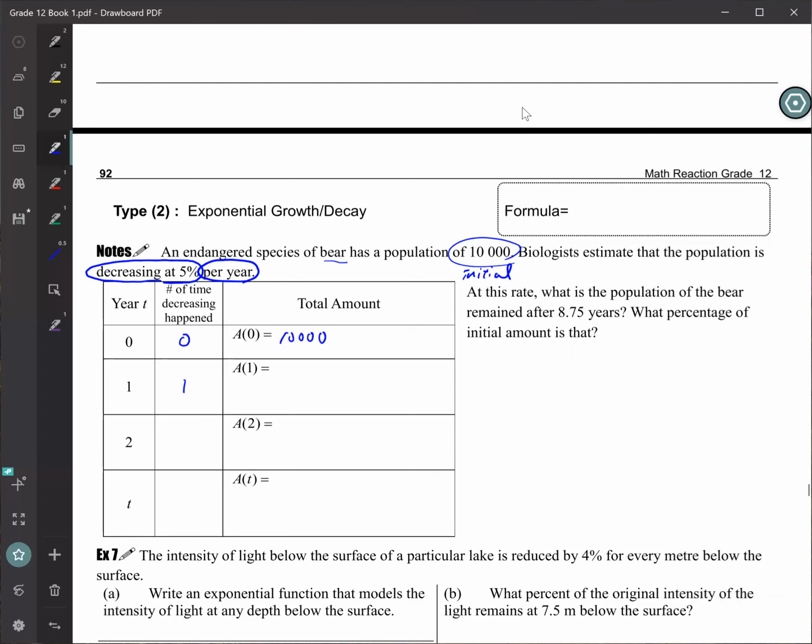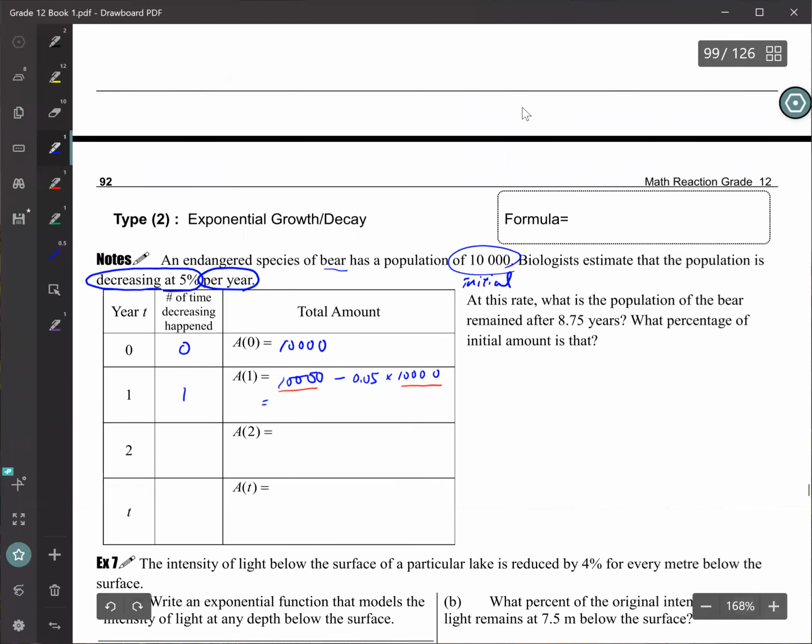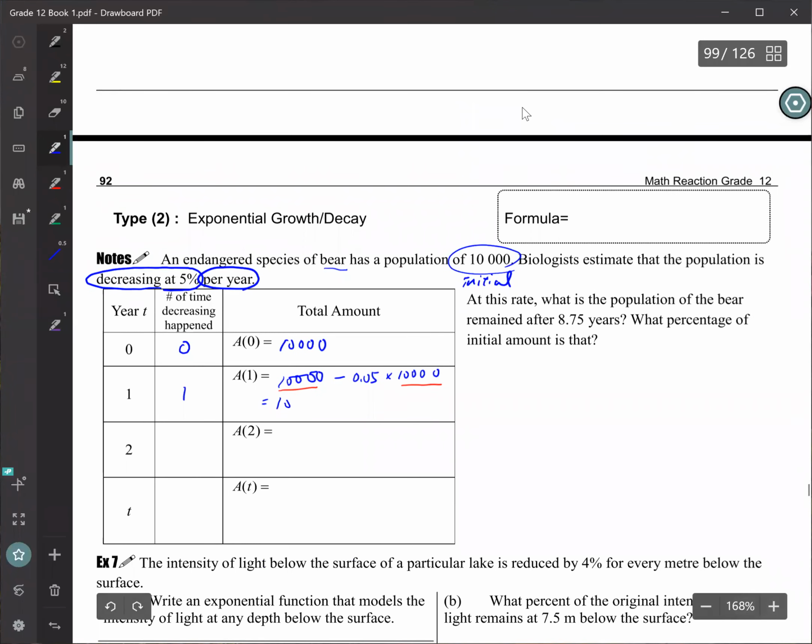Okay, so let me do it a little bit differently. I will start with 10,000, and then I want to make it decrease. It decreases by 5%, so it'll be 0.05 of the 10,000. And then if we factor out, just like we did before, factor out the 10,000, then you would have 10,000 times (1 minus 0.05).